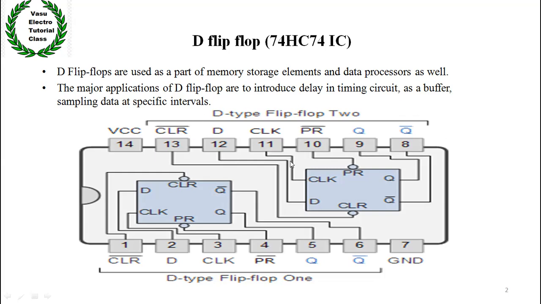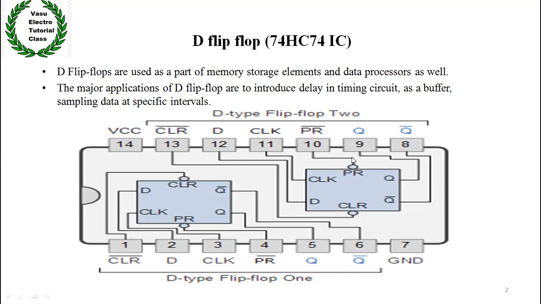For the first flip-flop, the first pin is for clear, the second pin is for D, the third pin is for clock, the fourth pin is for preset, the fifth pin is for Q, and the sixth pin is for Q bar. Here we give a square pulse to the second input of the D flip-flop.